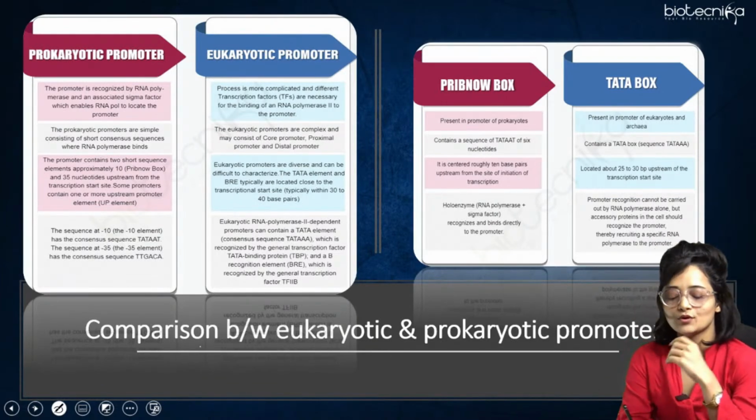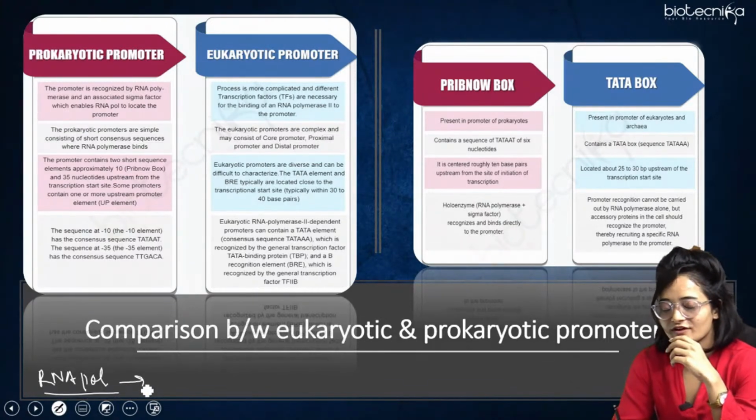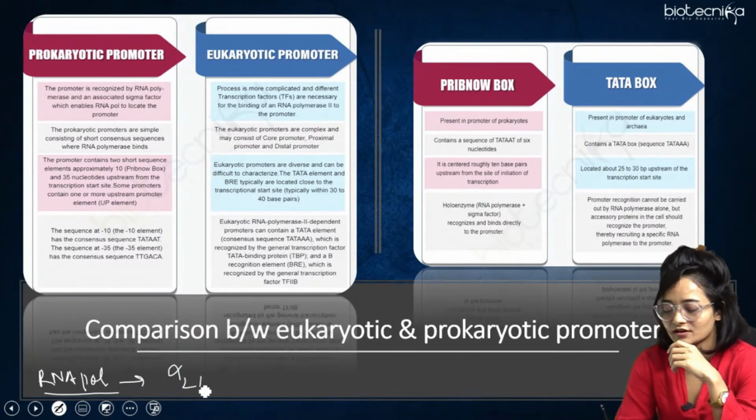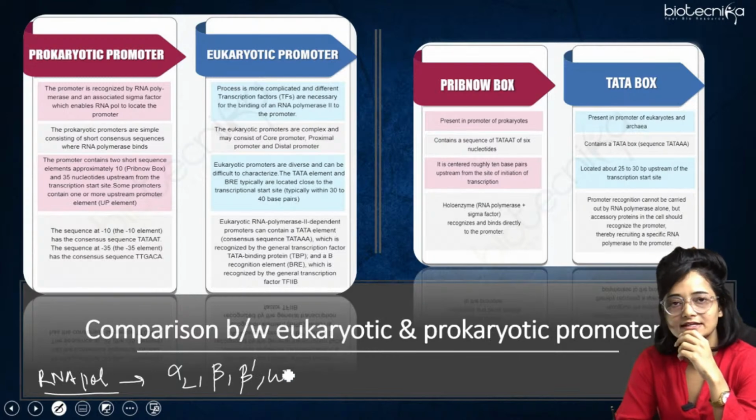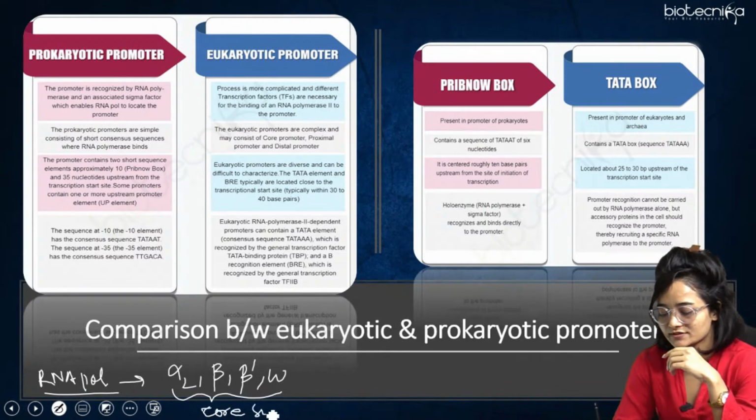So in case of prokaryotes, the RNA polymerase enzyme has 5 subunits. That is 2 alpha subunits, beta, beta dash, and gamma. Right? These are the 5 subunits. These are known as the core subunits.